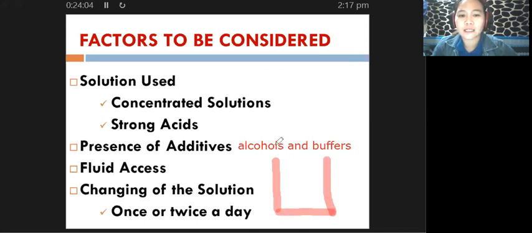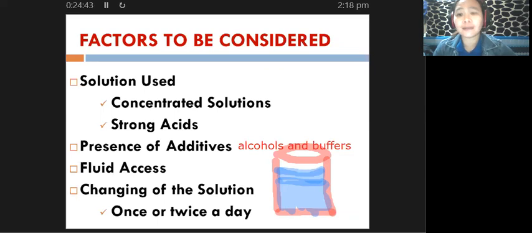Okay, so that means, for example, if this is your container, and here we have your fluid, your decalcifying solution or fluid, you have to ensure that your sample is suspended.